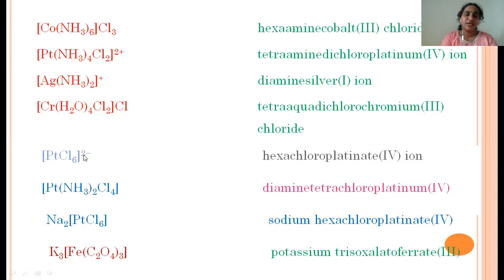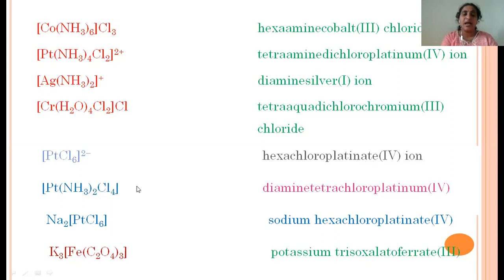Now see the negative charge present on the sphere. While writing the IUPAC nomenclature of this complex, only one type of ligand is present. So hexachloro platinate. We should not write platinum here, because whenever a negative charge is present on the sphere, we have to add the suffix -ate to the metal.